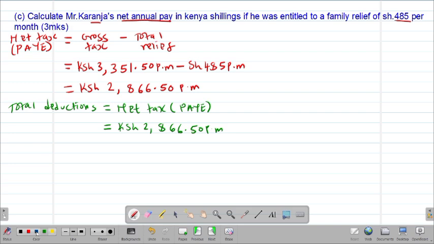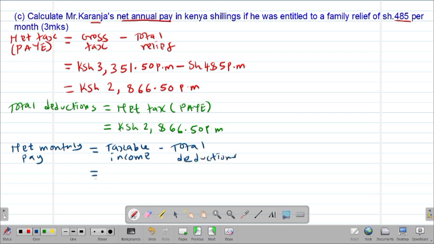Therefore, for us to get what we call the net pay, we can start with net monthly pay. This will be equal to the taxable income, then of course we less total deductions.